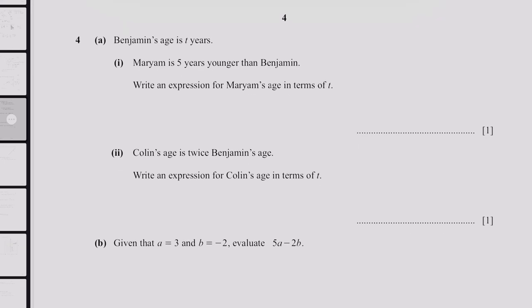Okay. Benjamin's age is T years. Miriam is 5 years younger than Benjamin. Write an expression for Miriam's age in terms of T. So M is for Miriam, and she is 5 years younger than Benjamin, so T minus 5.